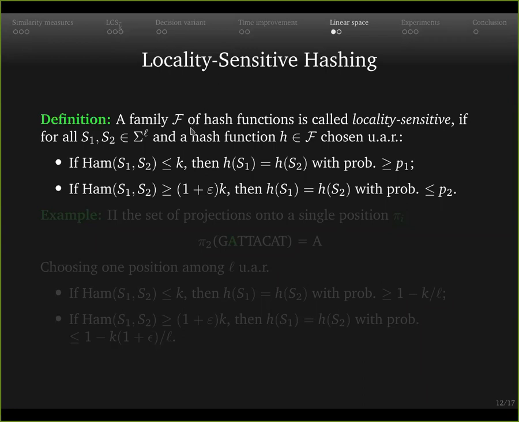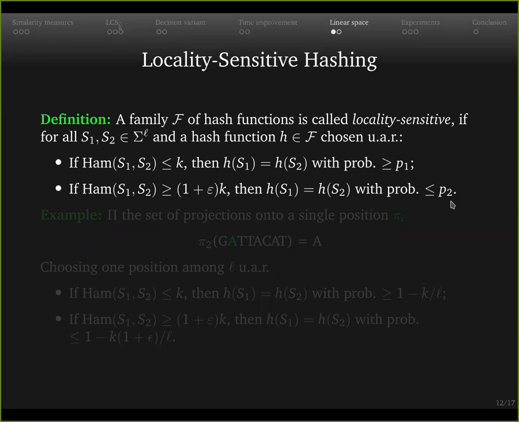We say that the family F of hash functions is called locality-sensitive if for all S1 and S2 strings of length L, and a hash function h belonging to F chosen uniformly at random, if the Hamming distance between S1 and S2 is less than k, then the probability that the hashes are equal is larger than P1. On the other hand, if the Hamming distance is larger than (1 plus epsilon) k, the probability the hashes are equal is less than P2.